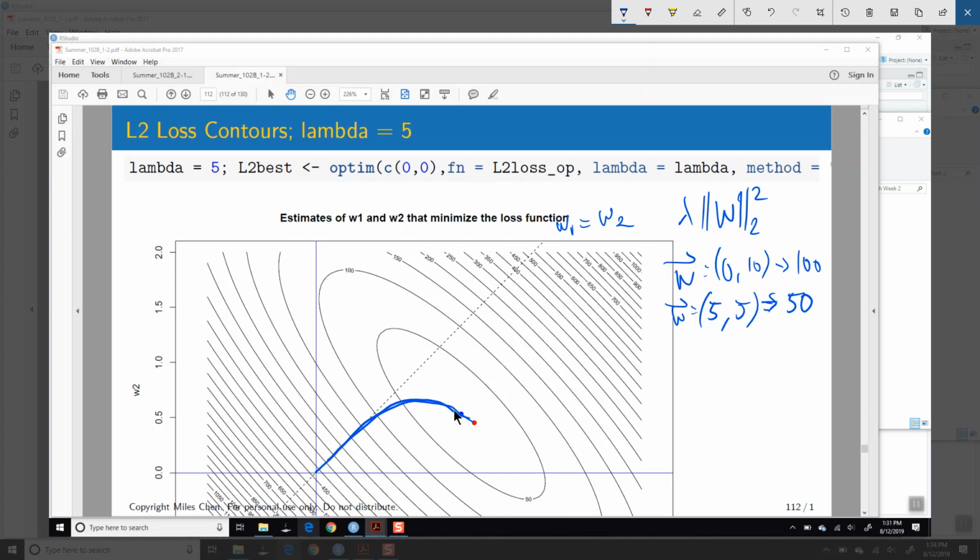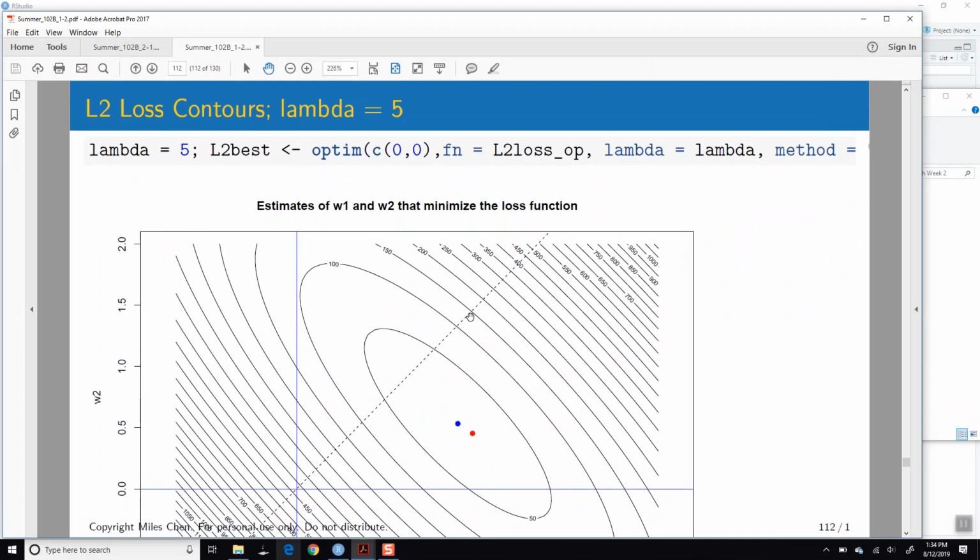If you look at the shape of the contour plot, you will notice that as I increase the lambda, we shift our focus from the squared residuals to the penalty factor. As lambda increases, the penalty factor that comes in is a circle.